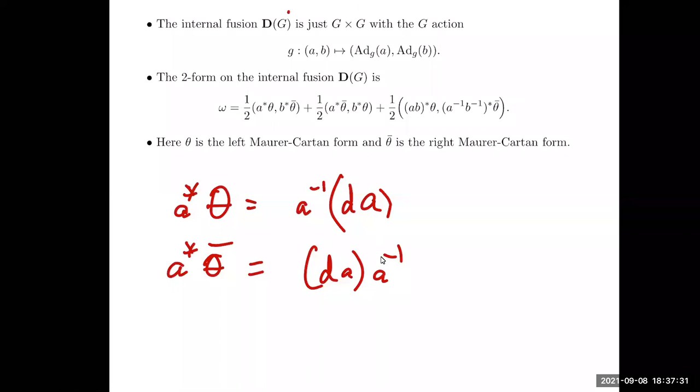Here we're using coordinates A and B in G cross G.